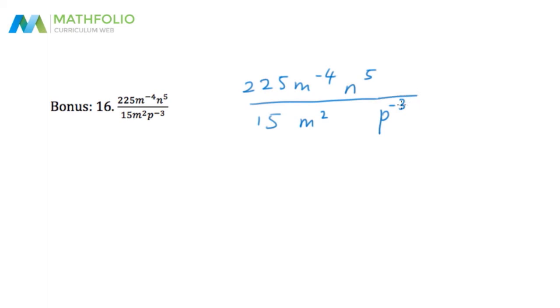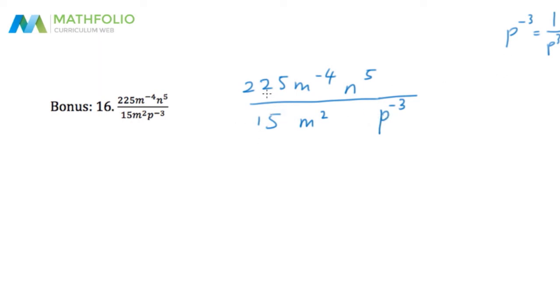Now, what caught a lot of people out in a recent quiz that I gave was this, even though students knew that p to the negative 3 is the same as 1 over p cubed, because this is the denominator of this fraction, of this division problem, something a little weird happens. So let's take a look.